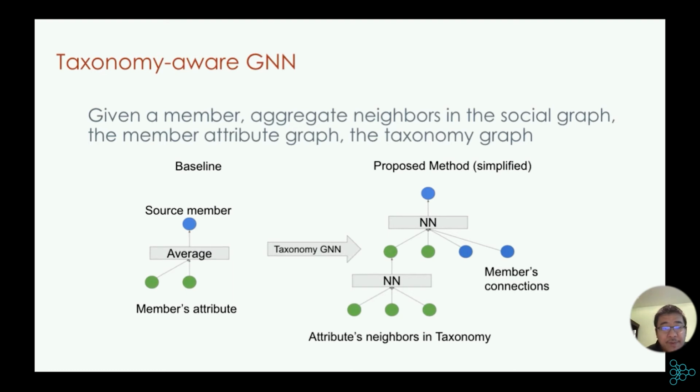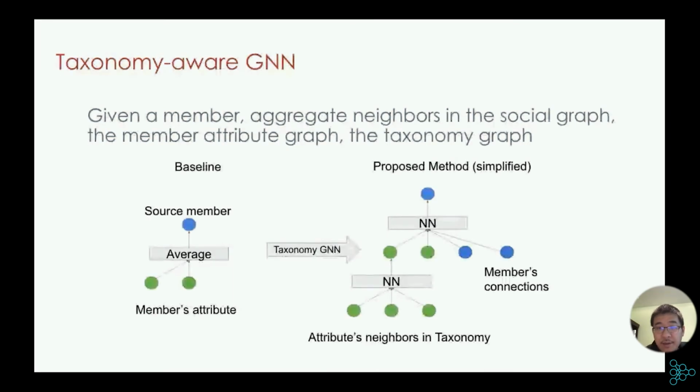Given a member, we have members' neighbors, friends in the social network. We call this the social graph. We also have members' titles and members' skills, and we call this the member attribute graph. In the meanwhile, we also have the taxonomy graph, which is the hierarchical structure between skills, and the connection between titles and skills.